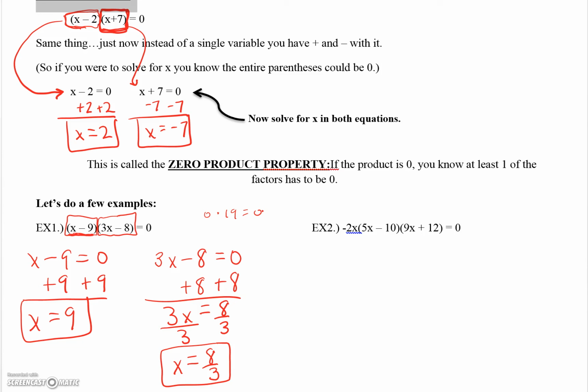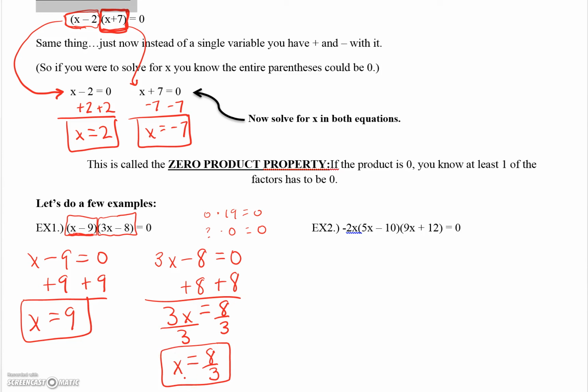Now, if I plug in 8/3, I don't get 0 in the first parenthesis. But when I plug in 8/3 in the second parenthesis, I get 0. So whatever number I'd get there in the first parenthesis, we'll just put a question mark, times 0 would again give me 0. So we have 2 answers there for example 1.